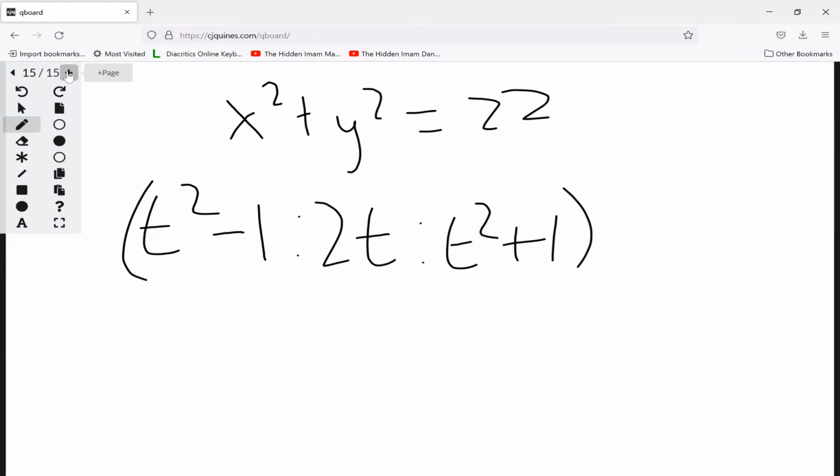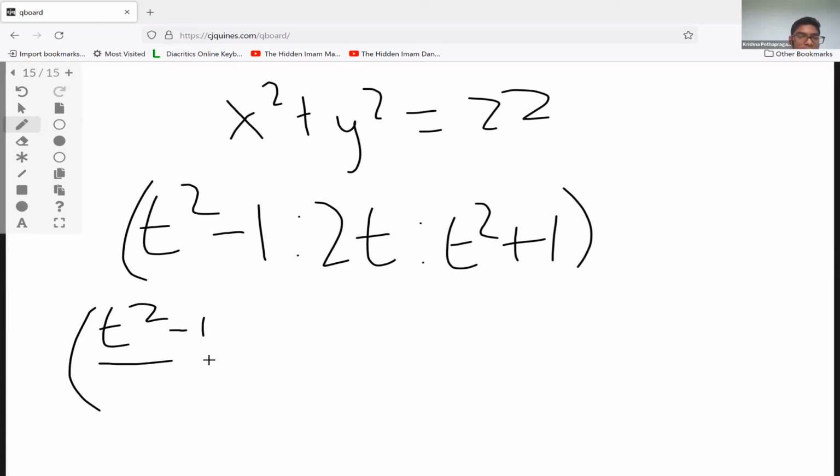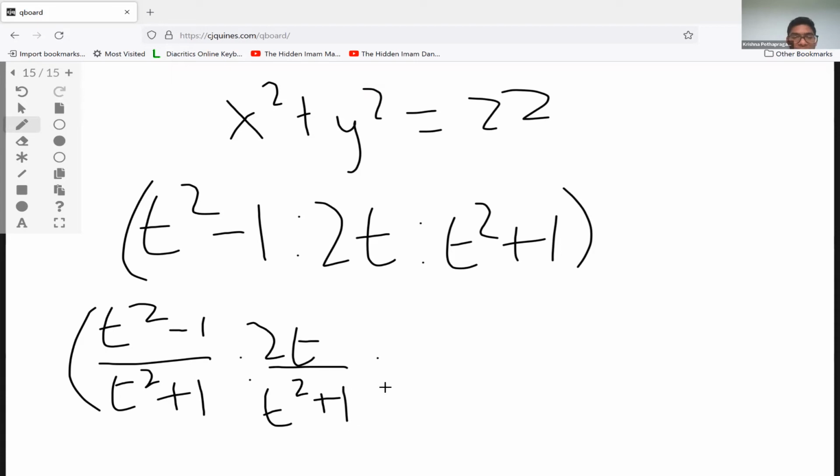What if you set t as infinity? What does it do here? Which point does it represent? T squared minus 1, 2t, t squared plus 1, you mean? Yeah. These coordinates are homogeneous. So how we define coordinates when t is at infinity, as I said, is we just divide like this.